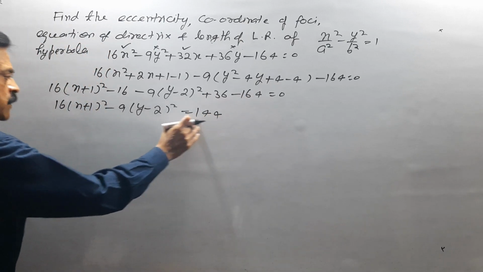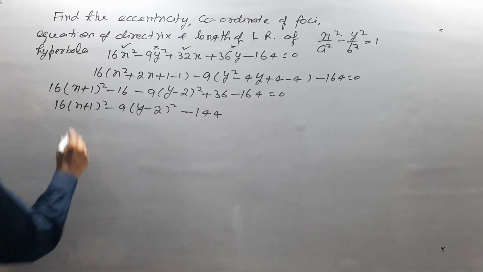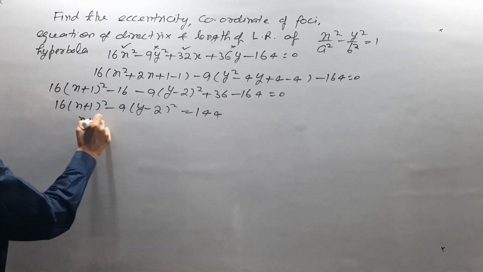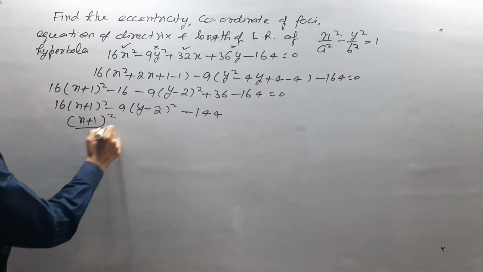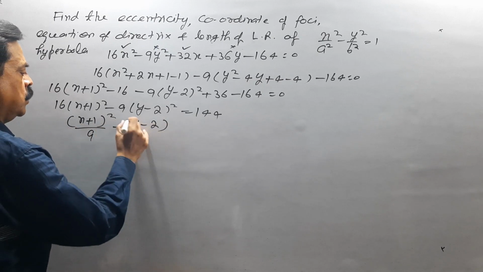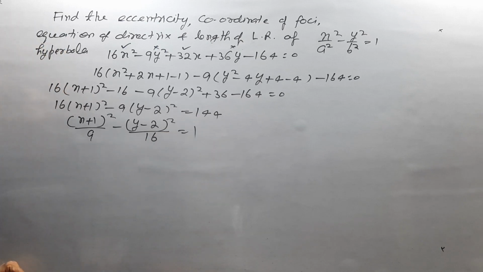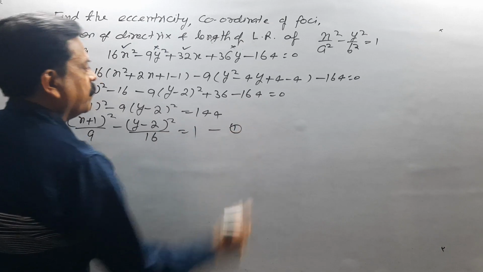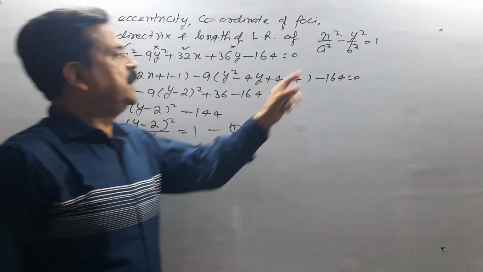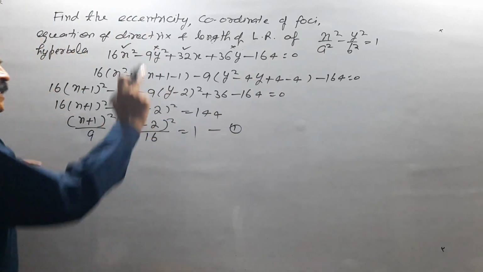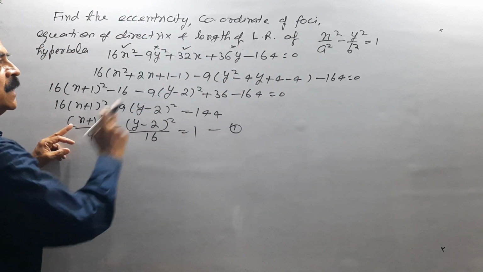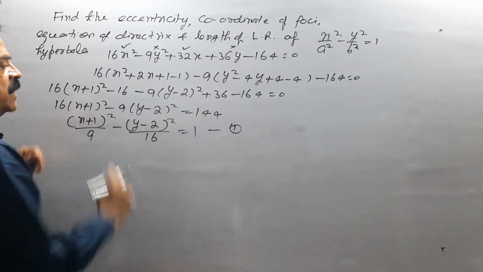Now dividing this whole equation by 144, we get (x plus 1) whole square upon 9 minus (y minus 2) whole square upon 16 equals 1. This is equation number 1. In the standard equation, instead of x here is x plus 1, and instead of y here is y minus 2.